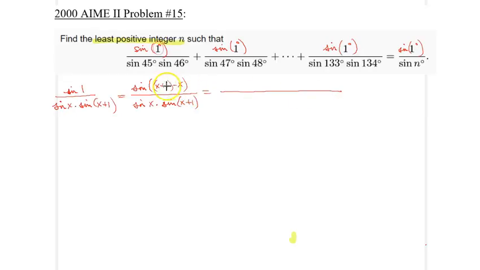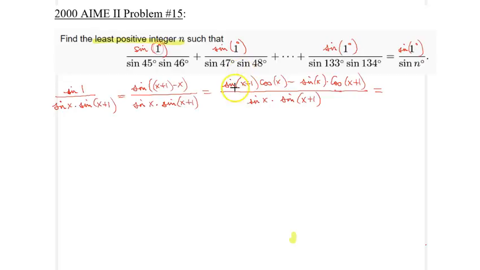By the difference formula for the sine function, I would have sine of x plus 1 times cosine of x minus sine of x times cosine of x plus 1, all divided by sine of x times sine of x plus 1.